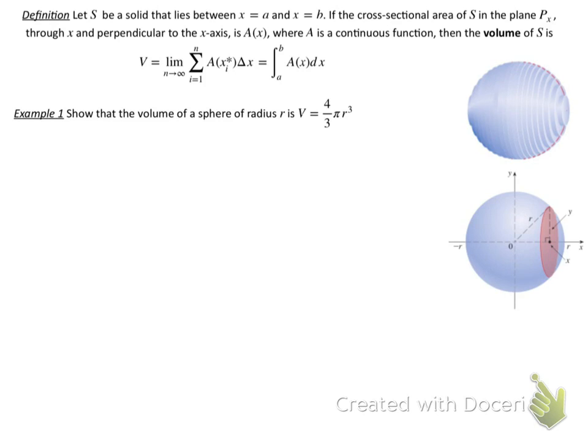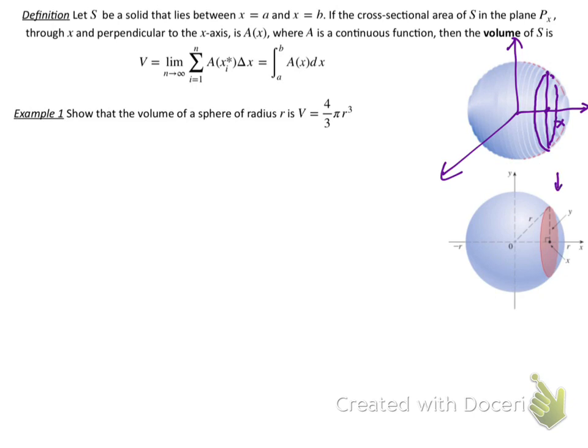Essentially, this is x, this is y, and this is z. So when you cut it, you pick an x here, and you cut the circle. It takes some imagination, but you're going to get a disk like the one we drew here.